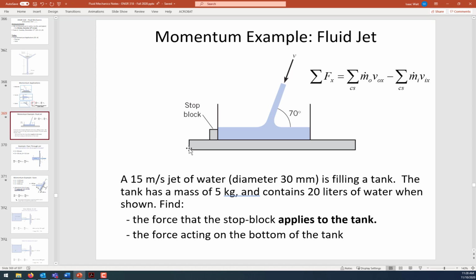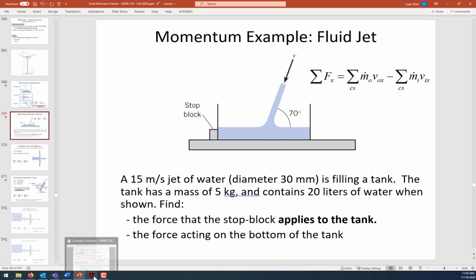So just, in our minds, instinctively, by inspection, we know that the force is acting up, but we want to know the magnitude of it. So it's going to be the combination of those three factors: the mass of the tank, the mass of the water, and the weights that they produce, and then also the effect of the jet.